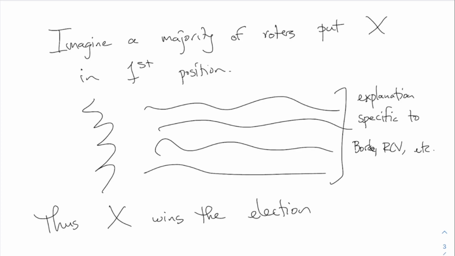So if I say, explain to me why the ranked choice satisfies the majority, you say, okay, let's imagine that a majority of voters put X in the top position, and then if it's ranked choice you're looking at, you explain in terms of the rounds or whatever. You have to say something specific about the way the ranked choice works, and then explain why X is the winner of the election overall.